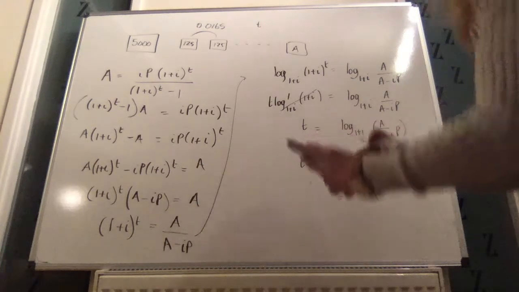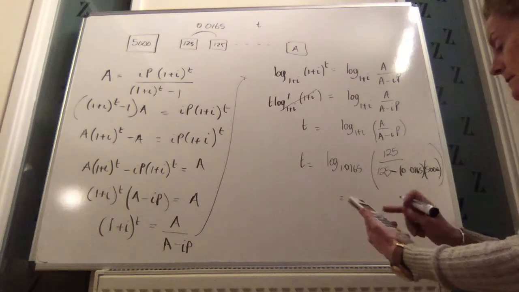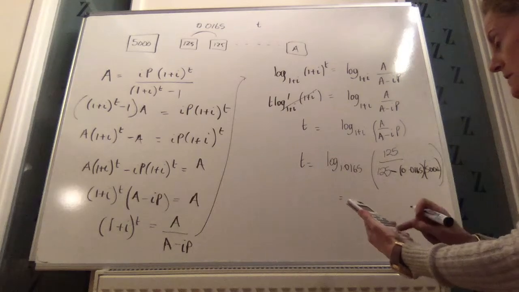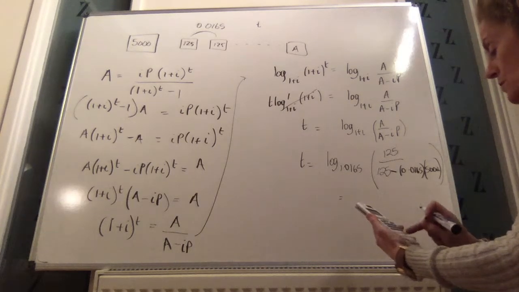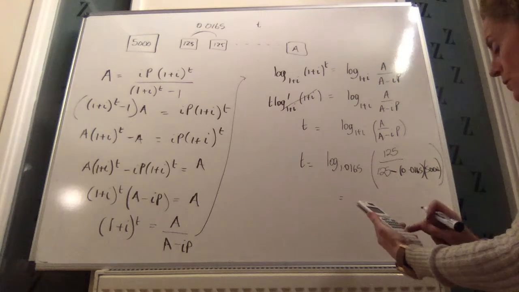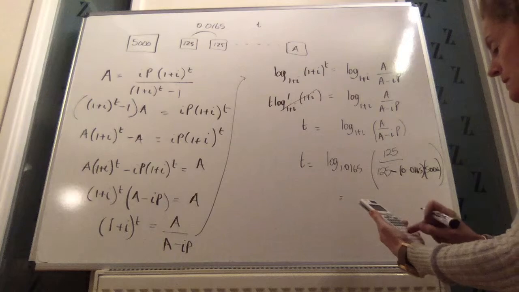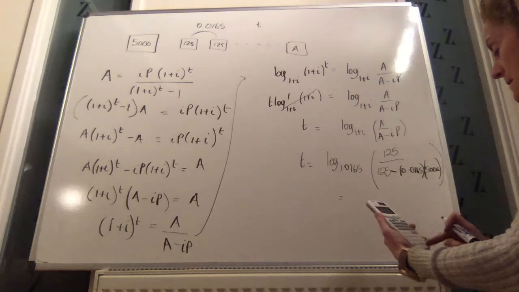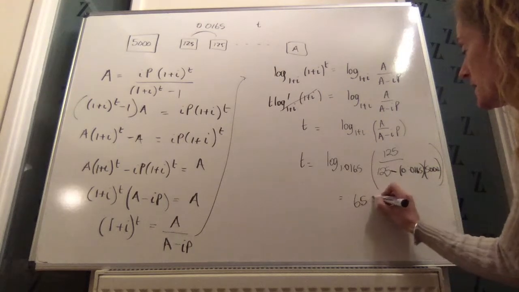you get the answer. The log to the base 1.0165 of 125 over 125 minus 0.0165 times 5,000 is equal to 65.92.